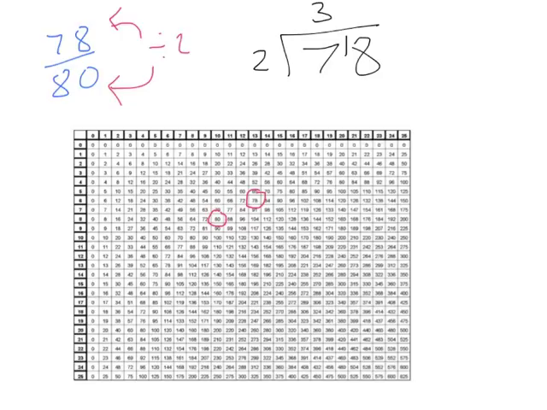So now this number 8 turns into an 18 because there's a number 1 in front of it. So now we have to ask the question, how many times does 2 go into the number 18? And if we look at the multiples of 2, we can see that there's an 18 here.